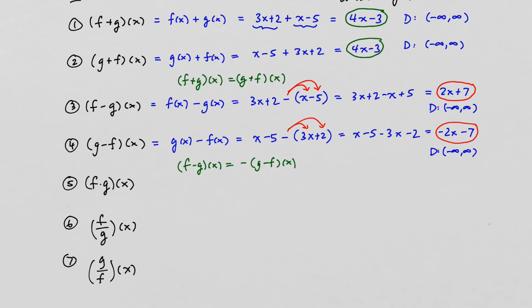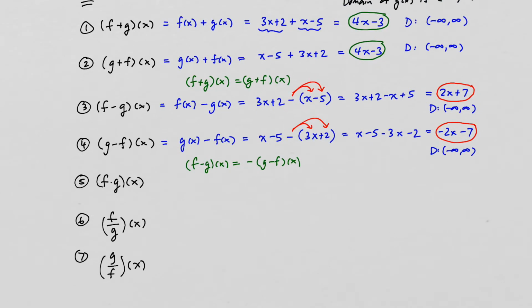Okay, moving on down the list here. Next, what I want to find is the function f times g of x. And to do f times g, this will be equal to f of x, which is 3x plus 2, multiplied by g of x, which is x minus 5. And because we're multiplying, I like to put both functions in parentheses.